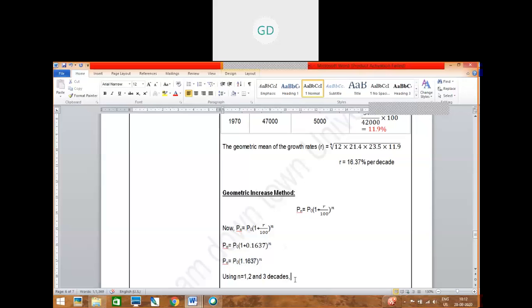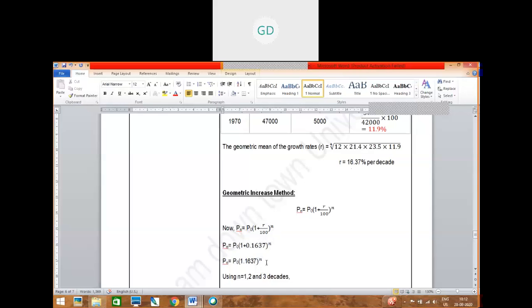Yes, ma'am. Now everything you know. P naught also you know. N also you know: for 1980, N will be 1, for 1990, N will be 2. Ma'am, is N in the power? Yes, N is a power. 1 plus r by 100, whole to the power N.